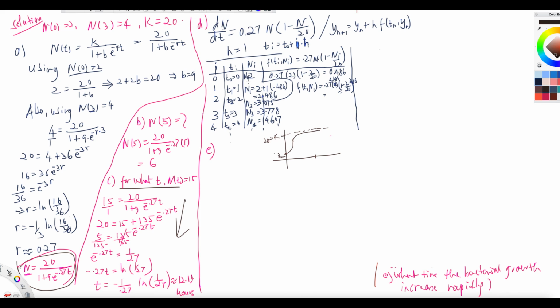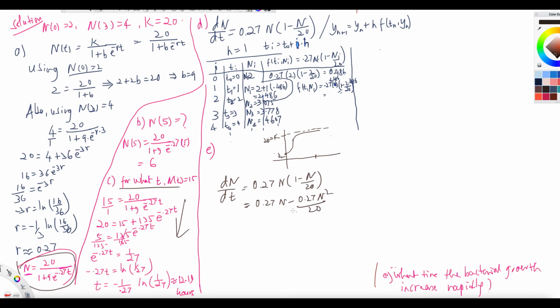Let us first write down the differential equation. We have dN/dt equals 0.27 times N times (1 minus N over 20). If you simplify the right-hand side, you get 0.27N minus 0.27N squared over 20.